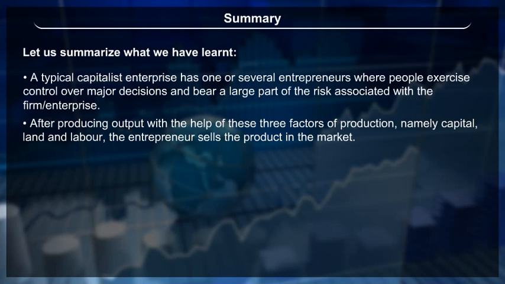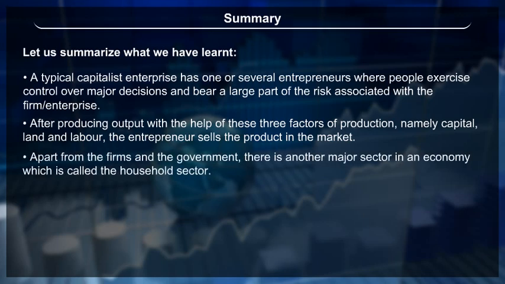After producing output with the help of these three factors of production, namely capital, land, and labor, the entrepreneur sells the product in the market. Apart from the firms and the government, there is another major sector in an economy which is called the household sector.